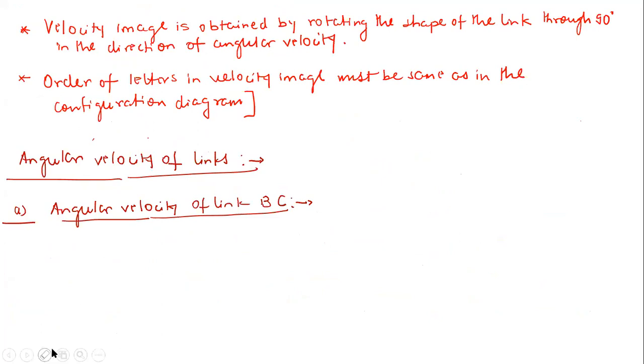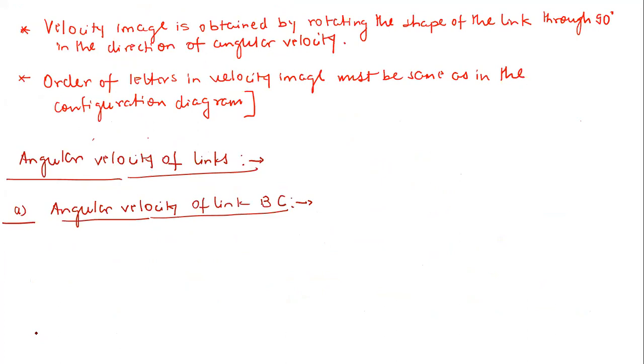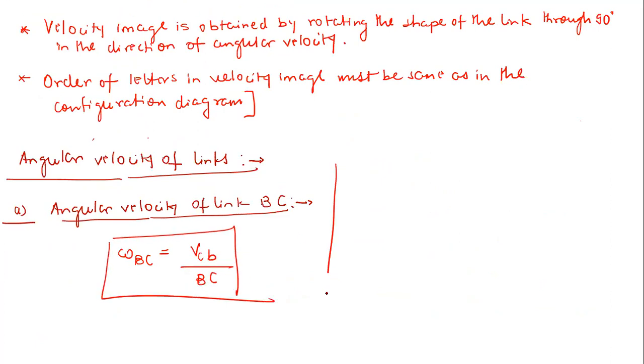Ultimately, this point C is going to rotate relative to B, or vice versa, B is going to rotate relative to this point C. Then we can simply say that omega BC is VCB divided by BC. So this will be the angular velocity, right? Now let us talk about angular velocity of CD.